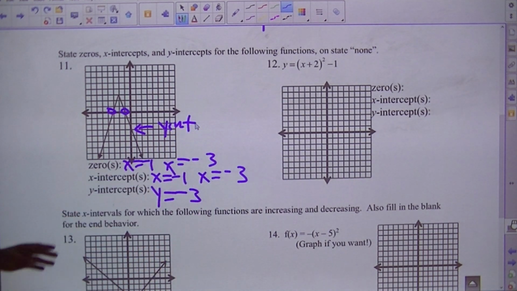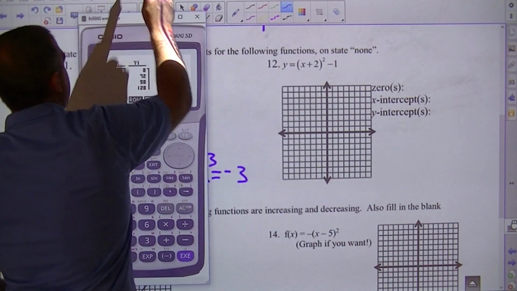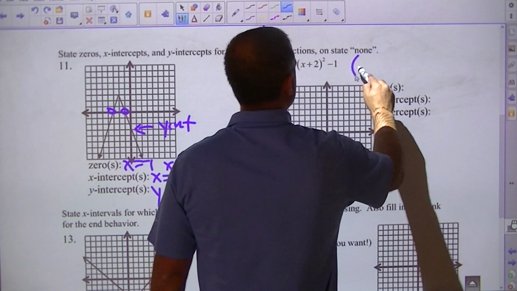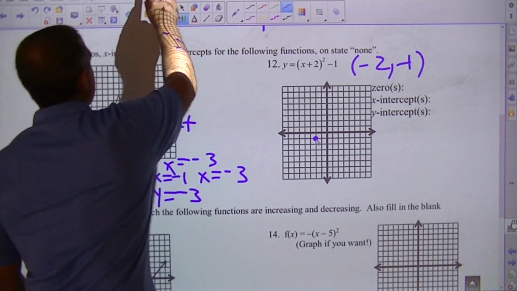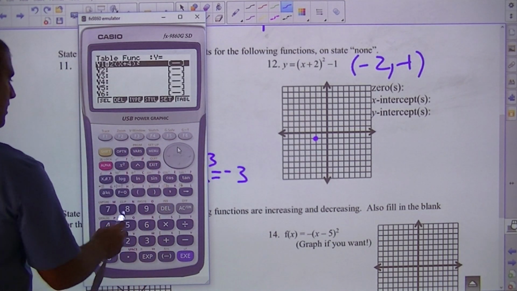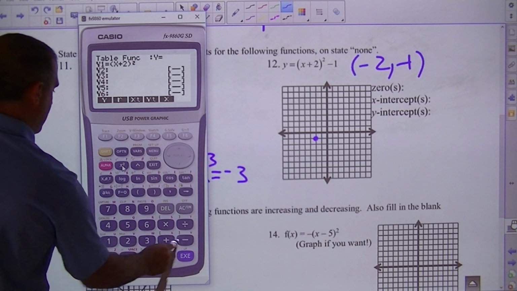All right? Now this one, what you're going to want to do is graph it. My anchor is -2, -1, and I'm going to go x plus 2 squared minus 1.